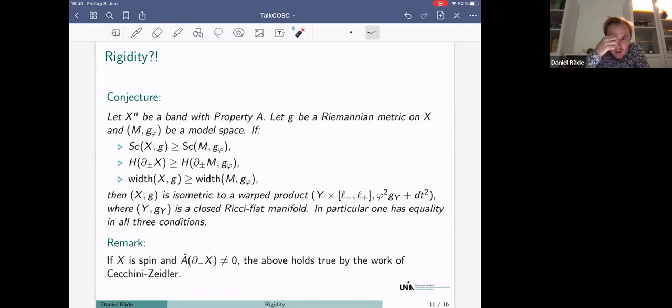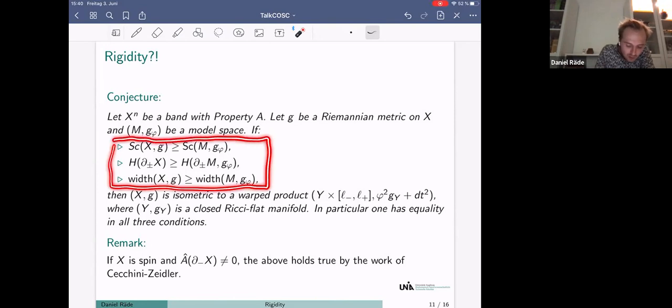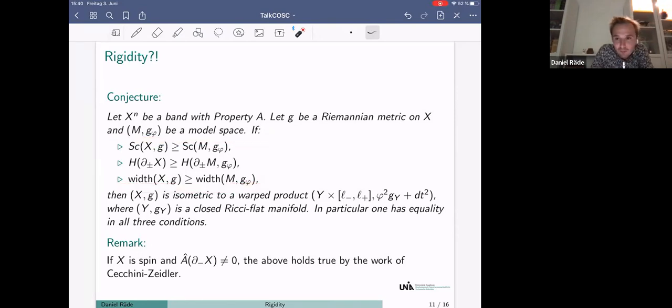the idea is the following: under these conditions, you want to start off the same way. You want to find a nice potential function, which you can still do. You can still pull it back. But the first problem you see is that this function phi that you use to go from X to M, which had Lipschitz constant strictly less than 1 before, may not be smooth anymore because you don't have space to smooth it.